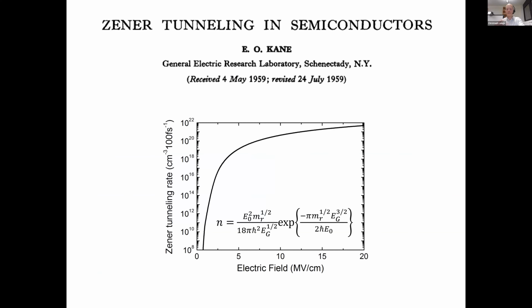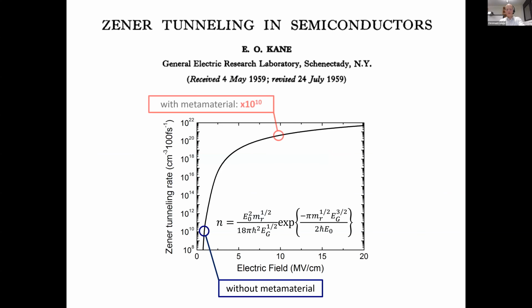So an extremely nonlinear upconversion process, if you like, albeit incoherent, related to this Zener tunneling, which occurs on a massive scale. Here's again just a calculation of the Zener tunneling rate.